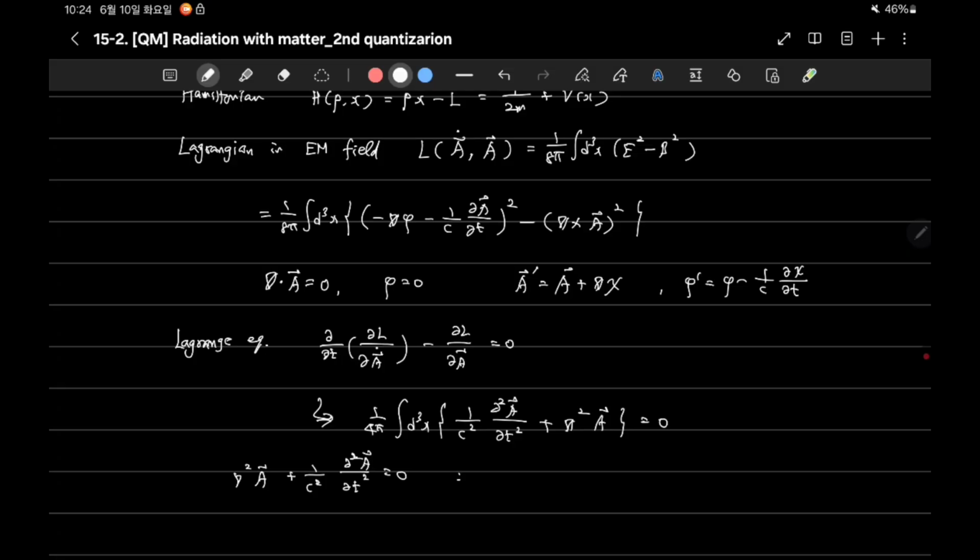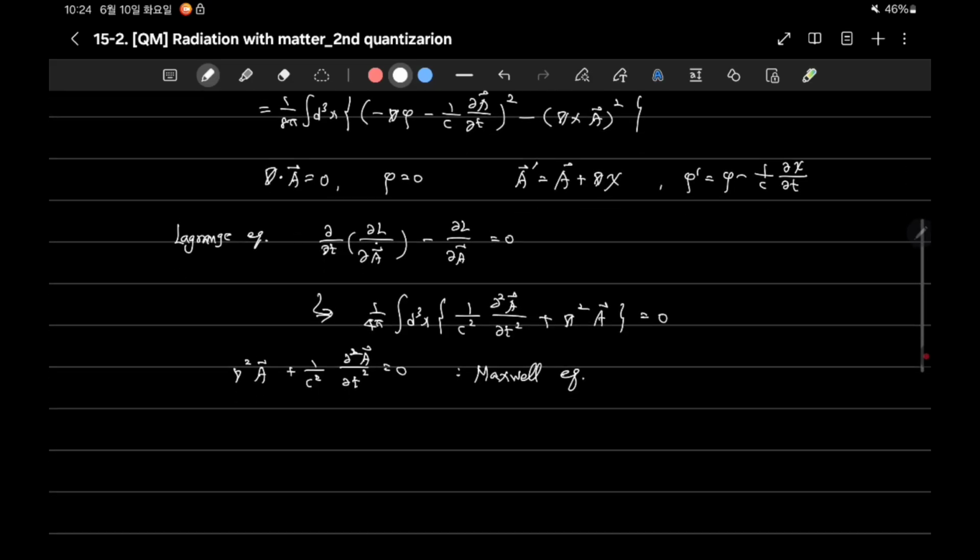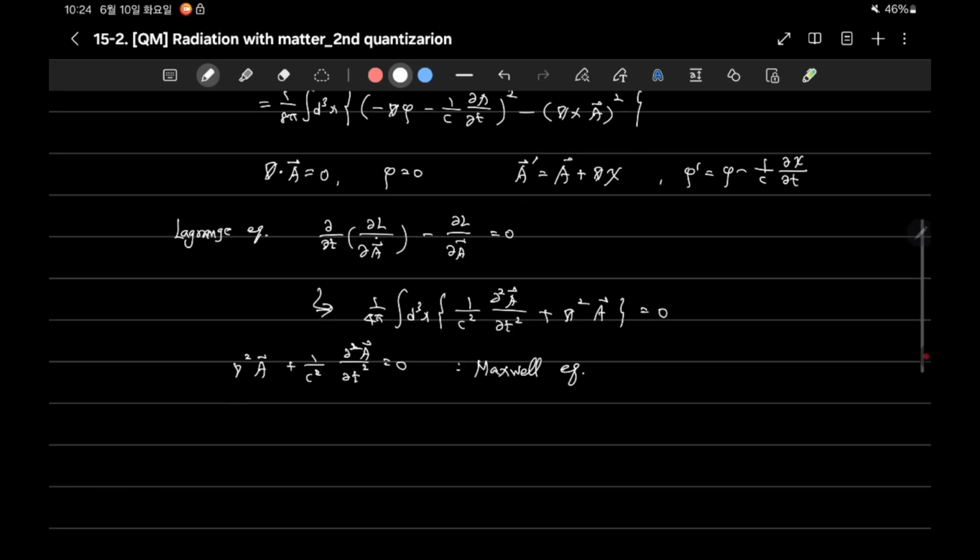That corresponds to the Maxwell equation in terms of the magnetic vector potential.